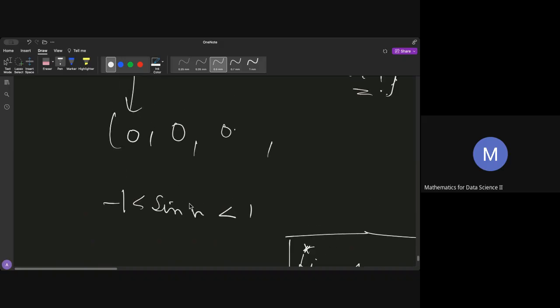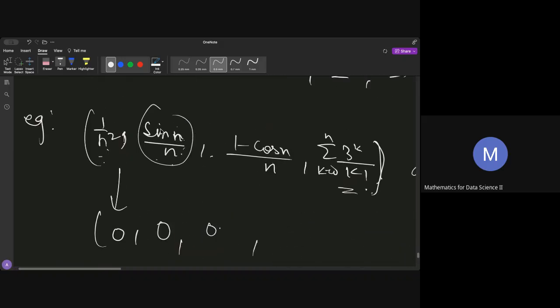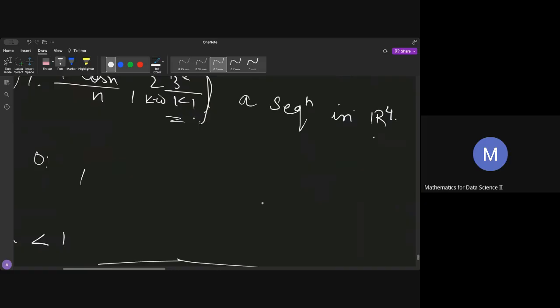Okay. So if I have sine n between -1 and 1, that means this numerator is finite and your n can tend to infinity. That means this thing will go to 0, right? And the same goes for this one. 1 minus cos n is always a finite number, but your n can go to infinity. That means this entire thing will go to 0. And what about this one?